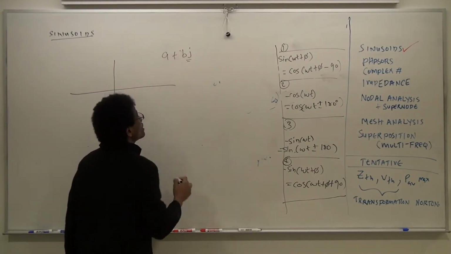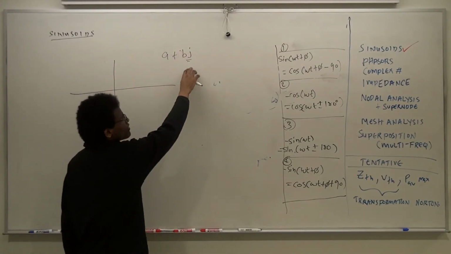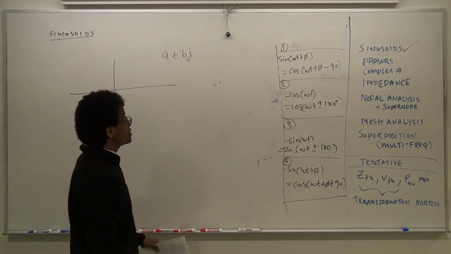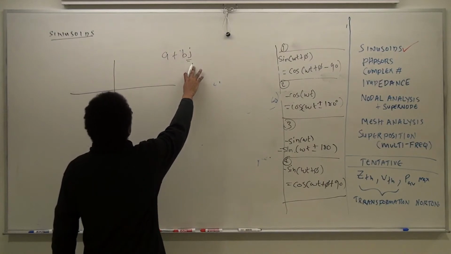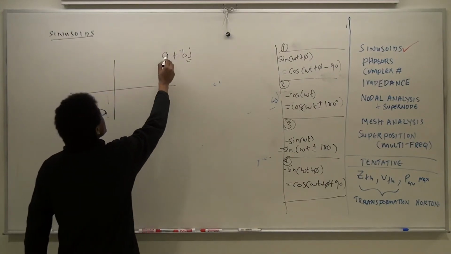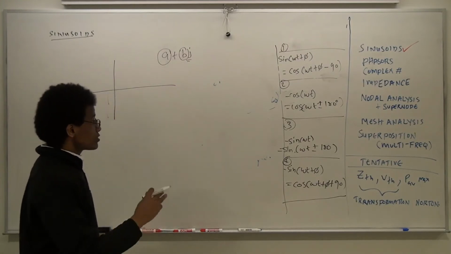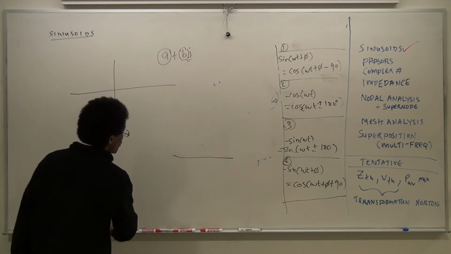We use j in electrical engineering. Unlike mathematics, where in most other fields we use i. The reason we use j is because we don't want to confuse it for current in electrical engineering. So you realize a and b are real numbers, plus or minus numbers that you see in the real axis, or the real domain that you are well familiar with.